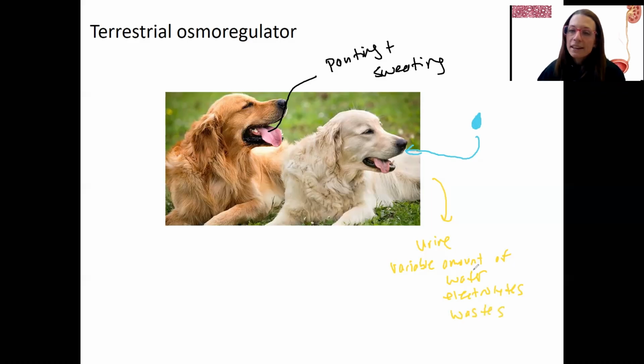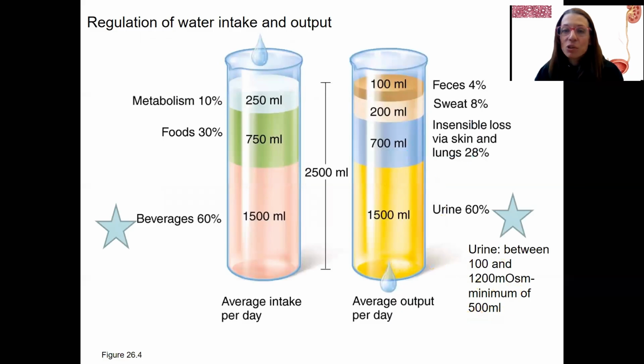And we want to be able to regulate our urine production to be very, very yellow and concentrated potentially, to very, very large amounts of urine and very dilute if necessary, depending on our environmental conditions. Let's see. So in order to do this, this is what this looks like in terms of regulation of water input and output.